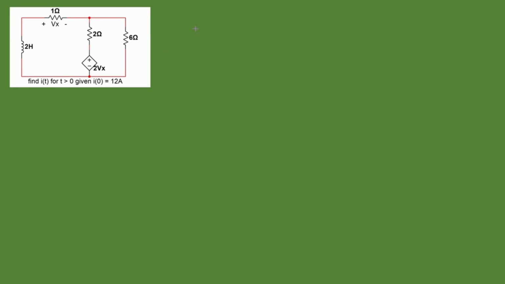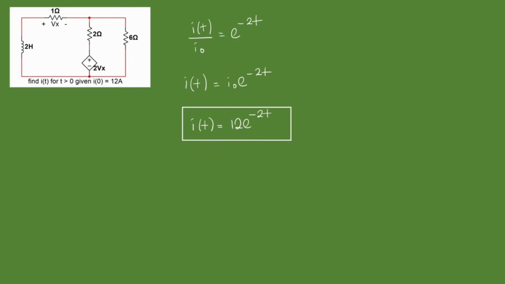We can simply take this to the other side. I of t is I naught e to the minus 2t. Remember they gave us I naught as 12 amps. Now we have our expression for the current through the inductor. So 12 e to the minus 2t amps. As simple as that.